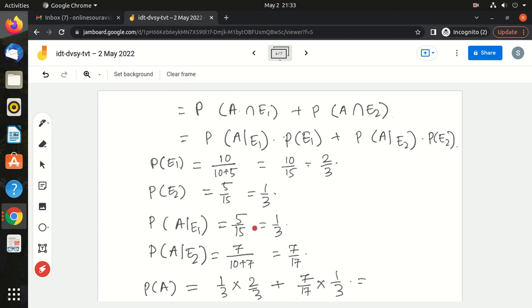It should be 10 by 15, so your things will change. 5 plus 2 is 7, no? So it will be 10 by 17. Yes, it will be 10 by 17. Should I do the addition? No, sir, it's fine. Okay, good.